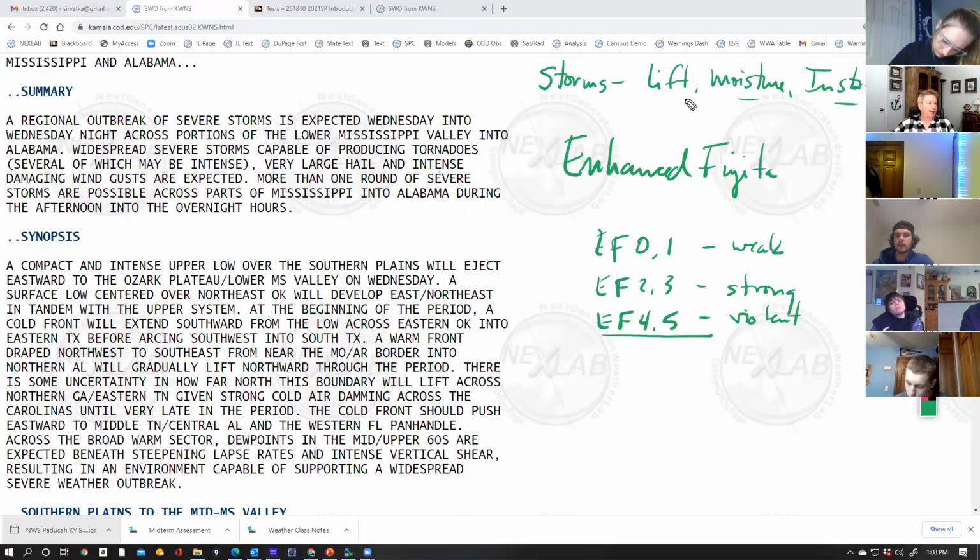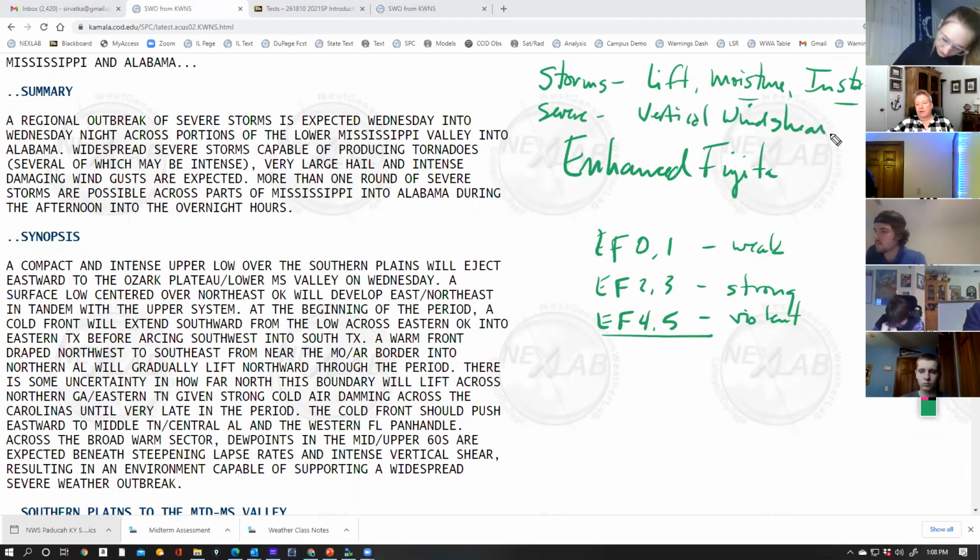Lift might be from fronts or something along those lines. Then to get severe storms, I need vertical wind shear, which we've talked about also. Vertical wind shear is dV/dz. That's the question: how does the wind change as you go higher?